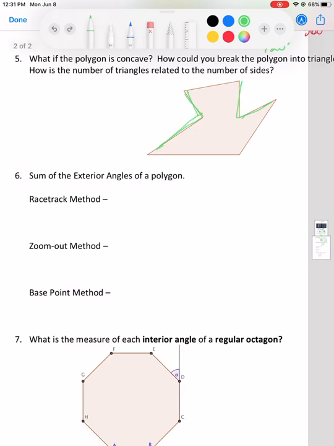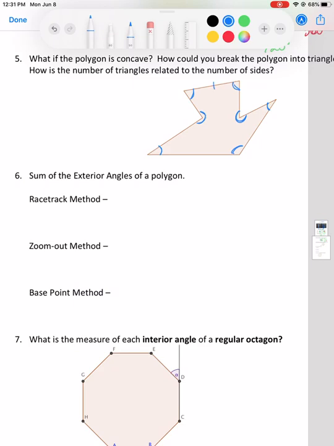So if we want to find the sum of the interior angles, here are the interior angles for this polygon. We have one here, one here, one here. Notice the reflex angle. One here, one here, one here, and then another reflex angle. Those are the angles of the polygon. How many sides do we have?